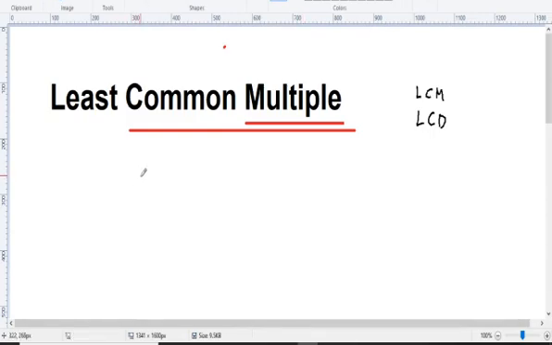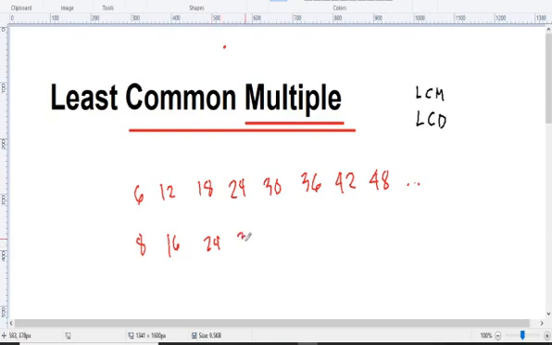Multiples of 6 are 6, 12, 18, 24, 30, 36, 42, 48, and so on. And multiples of 8 are 8, 16, 24, 32, 40, 48, 56, 64, 72, 80. What are numbers that are both multiples of 6 and 8?